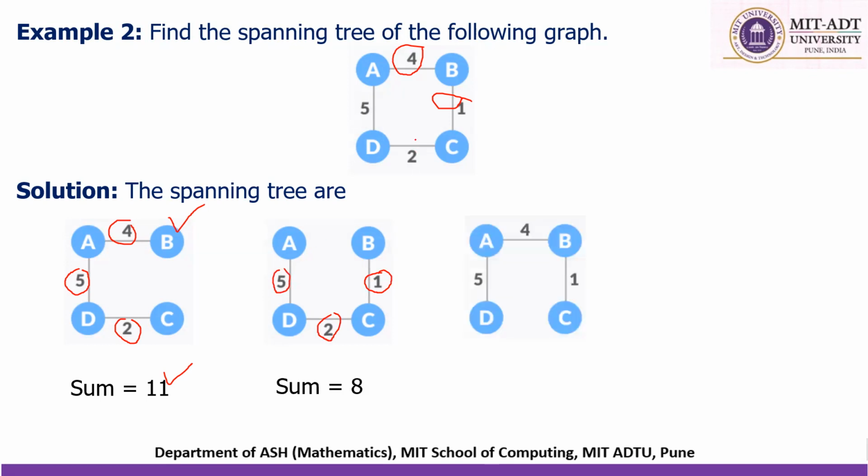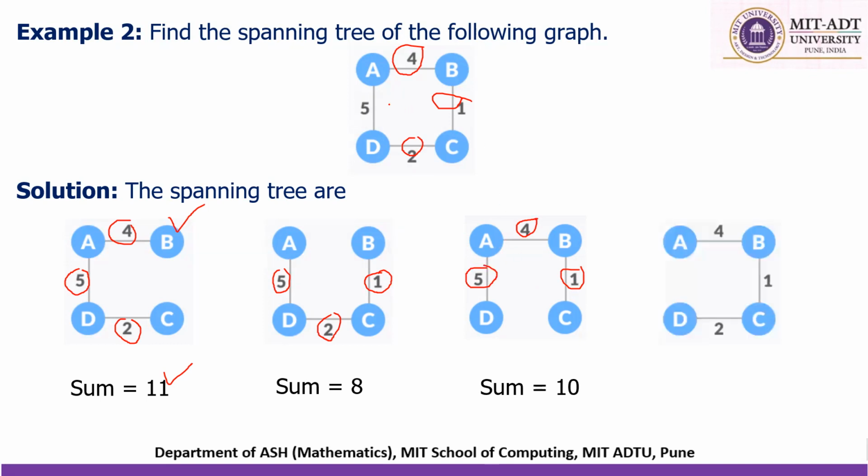Now if we remove this edge, we again get another spanning tree with 1, 4, and 5. The total weight is 10. If we remove this edge, we get another spanning tree. Its weight is 1 plus 2 is 3, 3 plus 4 is 7.